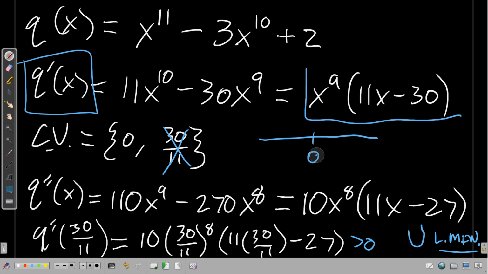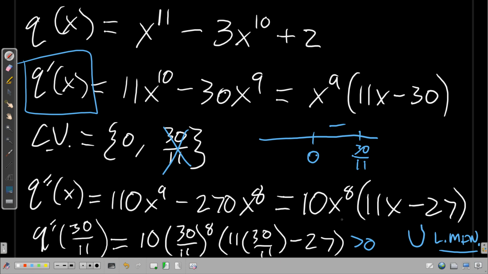Now, this is the first derivative, so you can see it has two roots, one at 0 and the other one at 30 over 11. Now 30 over 11 is a positive number that's bigger than 1, so I'll use a test value of 1. I can see if I put a 1 in here, it would be positive, and if I put 1 in here, it would be negative.